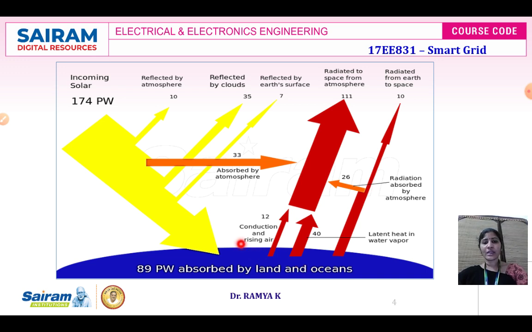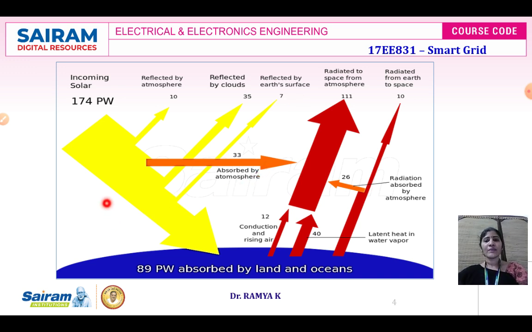Looking at this diagram, you can see a certain amount of power is getting reflected by the atmosphere, and some is absorbed by the atmosphere. Some amount goes as conduction and rising air, latent heat in water vapor, 26 percent of the power radiation absorbed by the atmosphere, 10 percent radiation absorbed, radiation from the earth's surface, 111 percent radiated to space from the atmosphere, and again 7 petawatts reflected by the earth's surface.